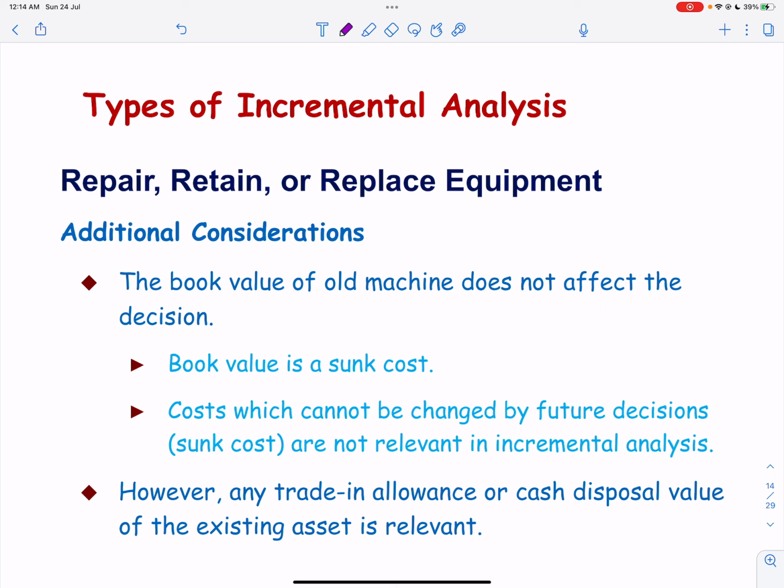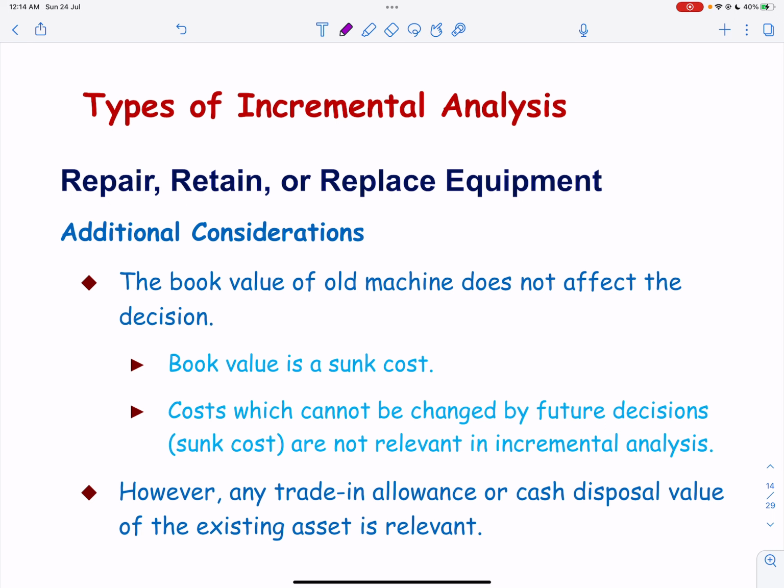Just note that book value of old equipment is not relevant as it is a sunk cost, and we have to compare relevant cost to determine whether it is a cheaper alternative, including any revenue that can be generated based on the alternatives.